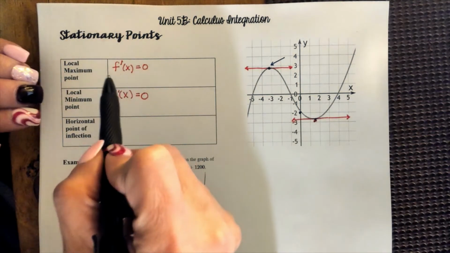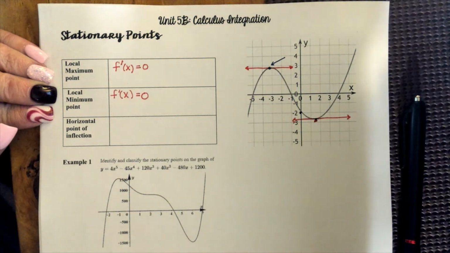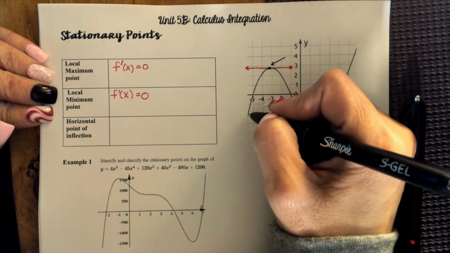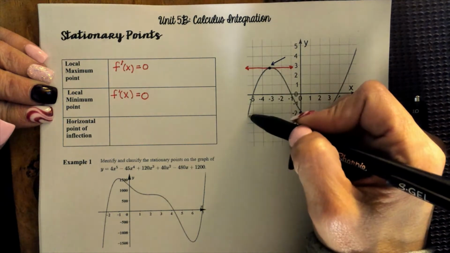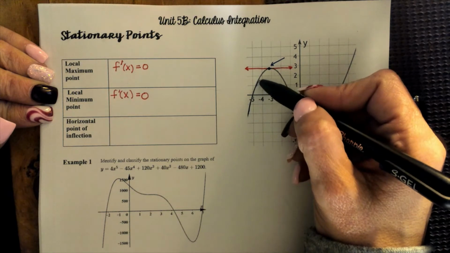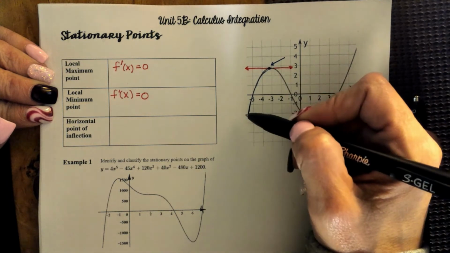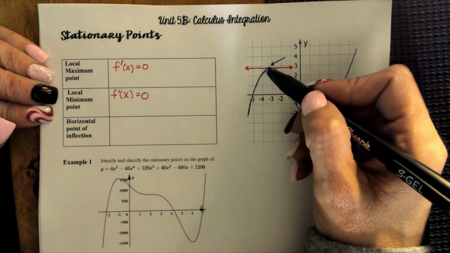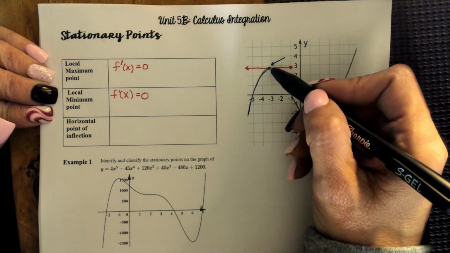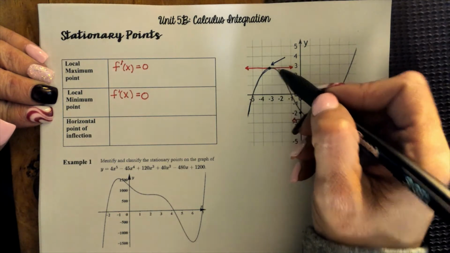What I want to show you on these points, I'm trying to find a good pen. I think this is my blue one. Remember, we read from the left to the right. As we're coming up, when you reach a maximum point, I was increasing, right? And when you reach the maximum point, it changes, and now I would be decreasing.